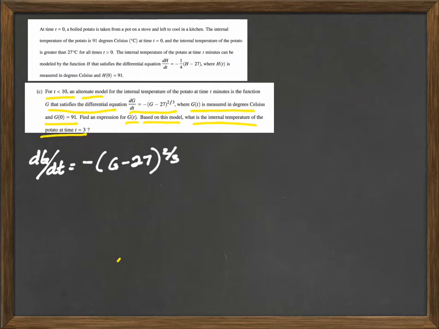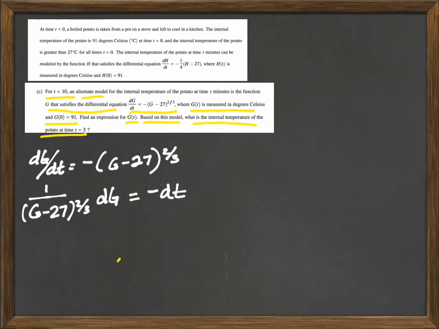Okay, now we're going to separate that. So we'll say 1 over (g minus 27) to the 2/3 dg, or you can say (g minus 27) to the negative 2/3, doesn't matter, equals, I'm keeping the negative over here, negative dt.